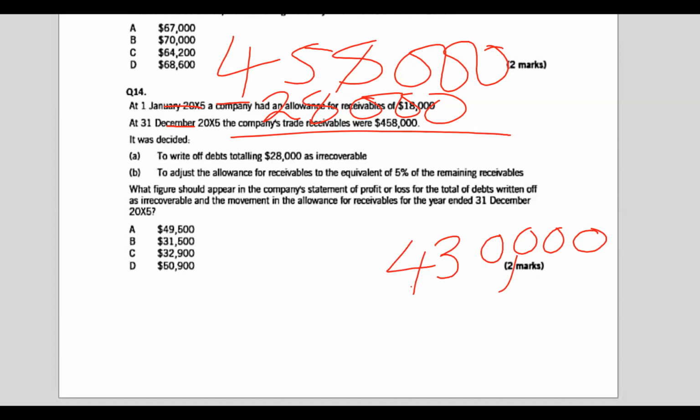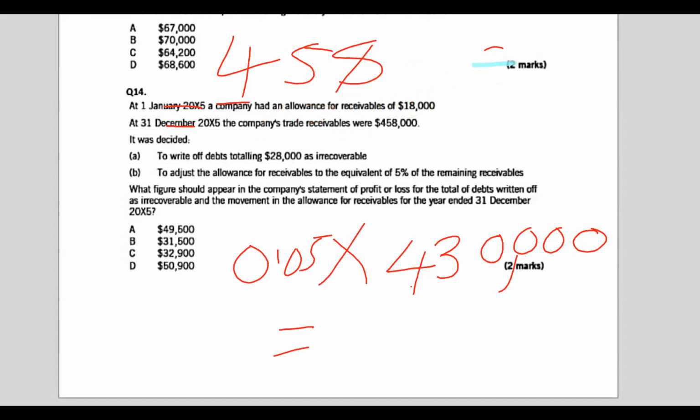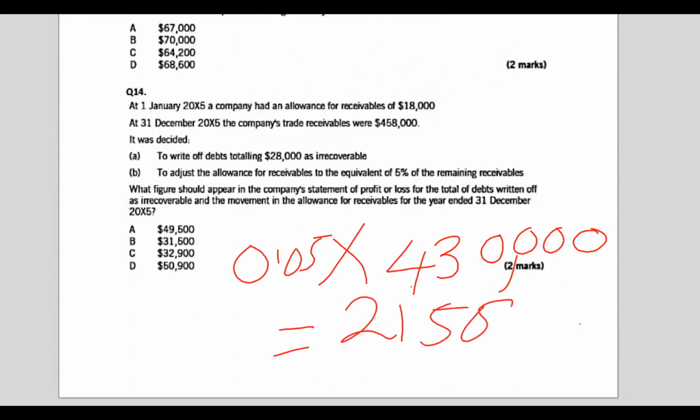Then you can continue now, multiplying 0.05 of this. What do you get? The 5% of remaining receivables is what? 21,500. 21,500 minus this 18,000 from the previous period.